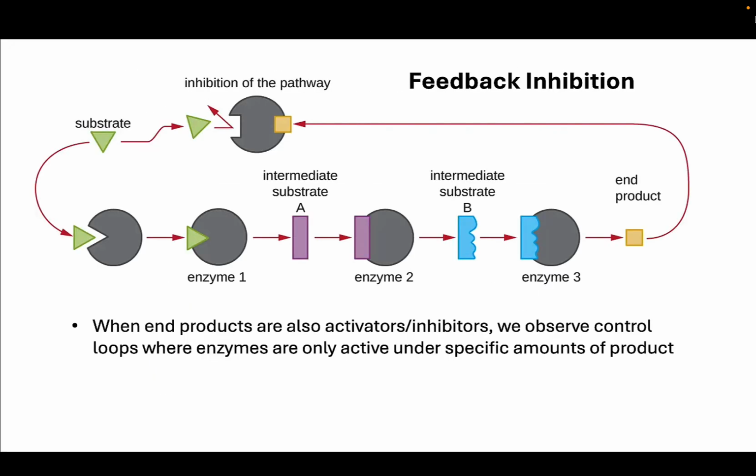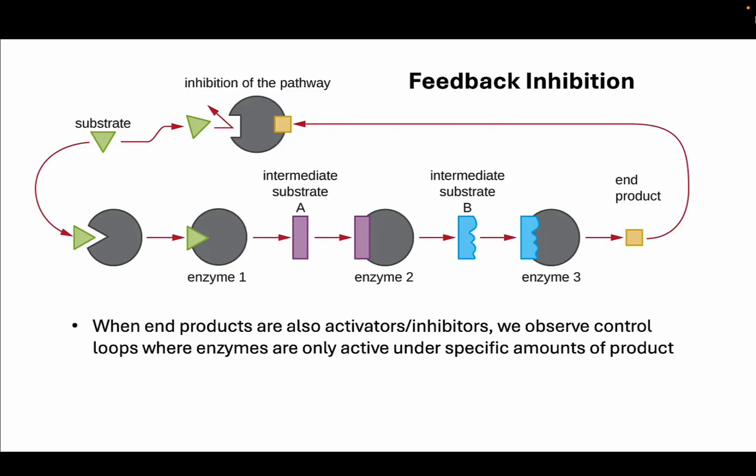Finally, we can have really complicated feedback mechanisms for enzymatic action. So this is an example of such a thing, right, where we have a substrate that goes with an enzyme that makes some new things and makes substrate B, and so we have a few enzymes that go through to create an end product. And it's conceivable that this end product could be an inhibitor of the original substrate enzyme 1 reaction in the first place.